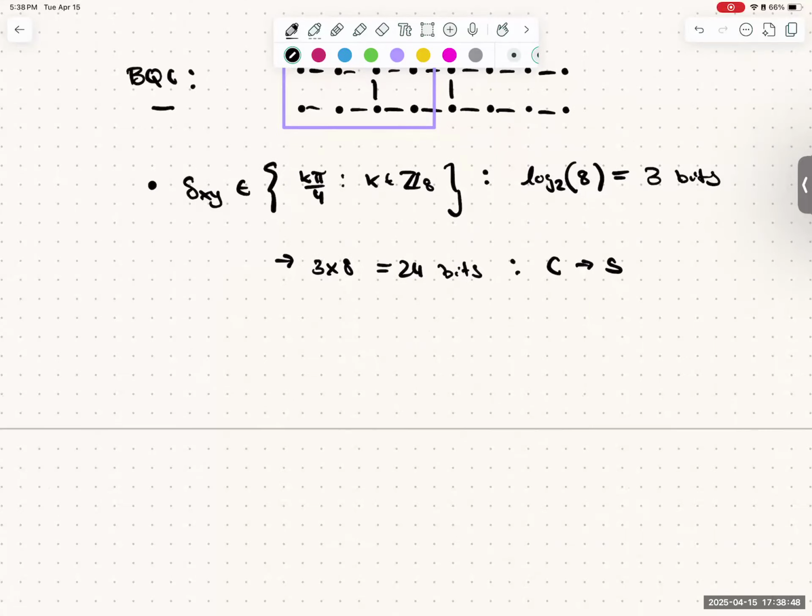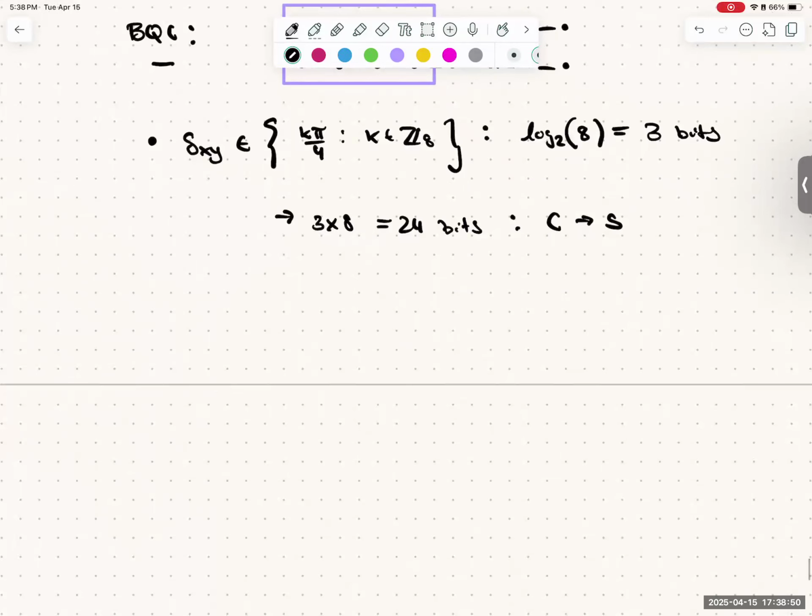And then when the server is sending your outcomes back, you also have these outcomes s_xy in Z2, and so you also have 8 bits for each gate.